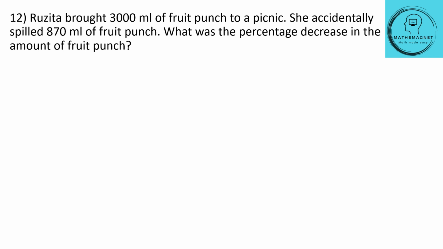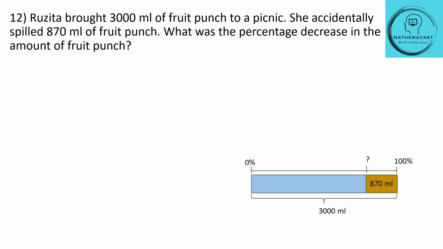So there is a percentage decrease, and they have asked us to find how much that percentage decrease is. Let's begin by solving the question by drawing the bar model. As I said earlier, 3000 ml will be your 100%, and she has spilled 870 ml. They have asked us to find how much percentage it has reduced by.